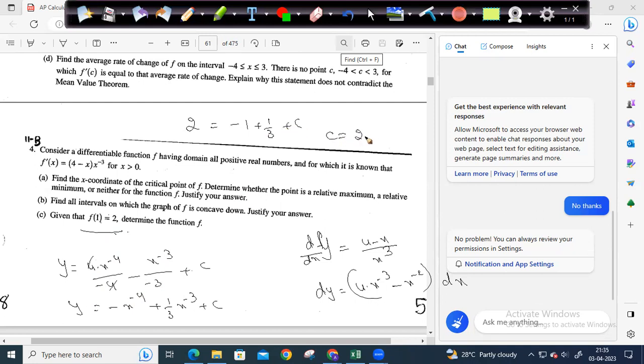Therefore, c is equal to 2 plus 2 by 3, which is 8 by 3. So your function is y is equal to minus 1 by x power 4 plus 1 by 3 x power 3 plus 8 by 3. So this should be your answer.